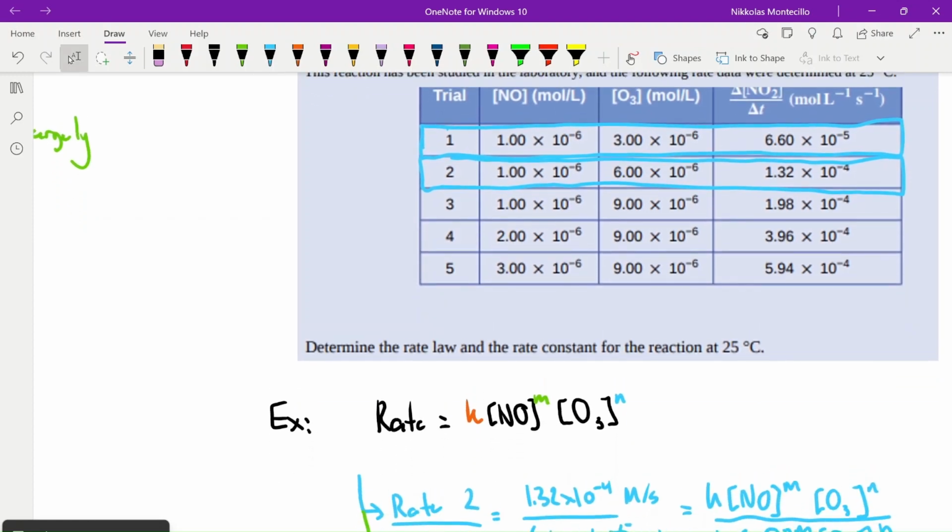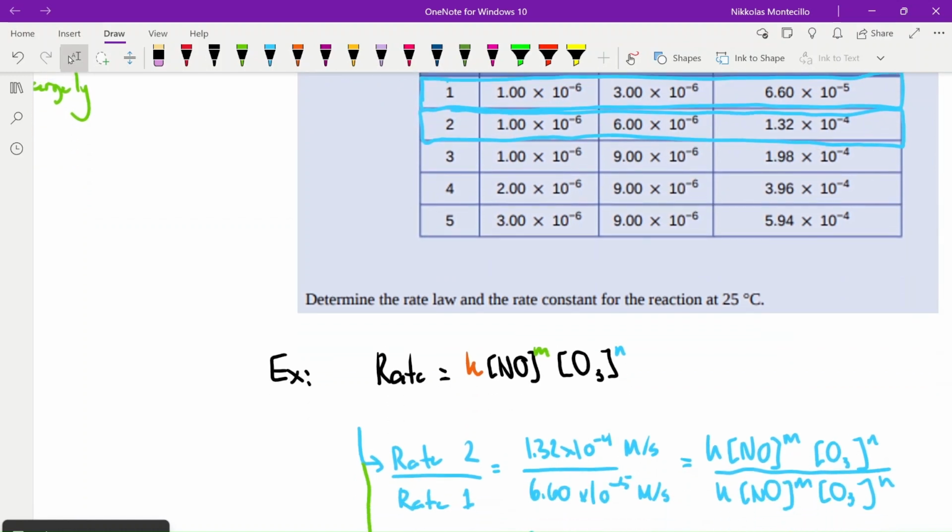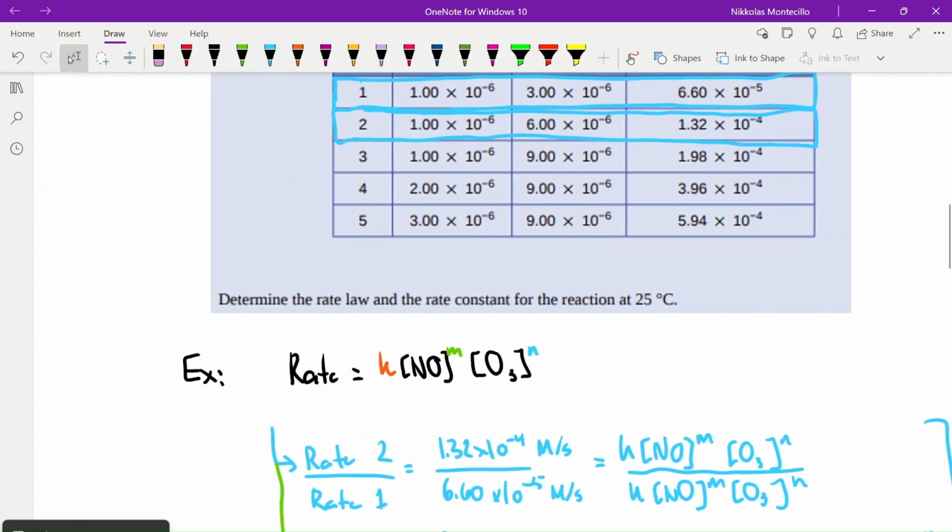Keep in mind here that I chose rate 2 to be the numerator, over rate 1, because 1.32 times 10 to the negative 4 molar concentration per second, this rate, is larger. Rate 2 is larger than rate 1. And I remember saying that we want to keep a consistent rate ratio, so I chose rate 2 over rate 1.